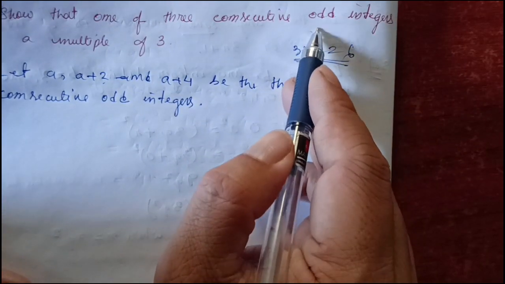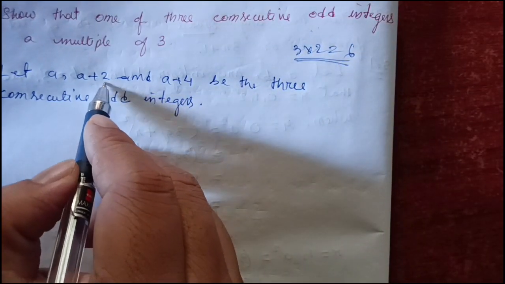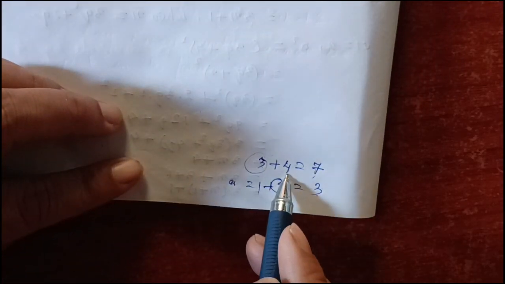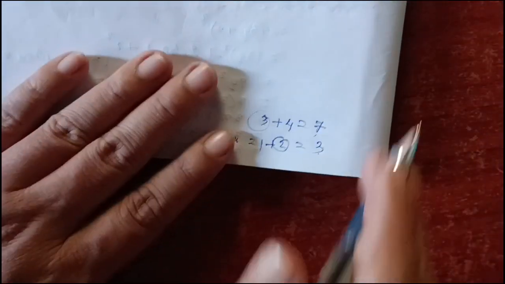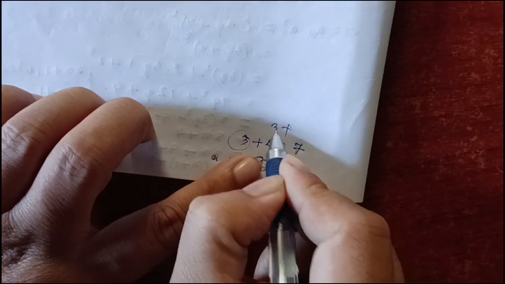Clear, right? That is why they are saying odd, and that is why we add even. Because in an odd number, if we add even, then we get an odd number. And let's say that this is odd.